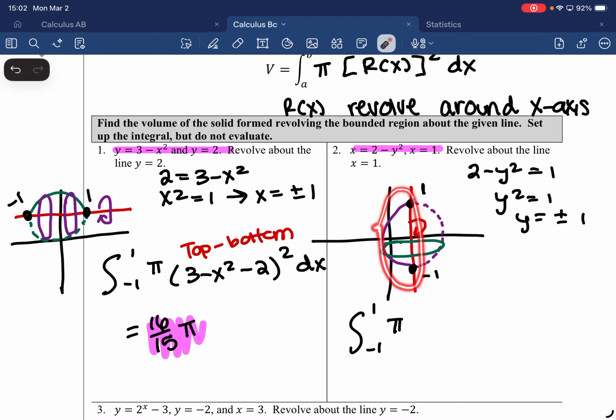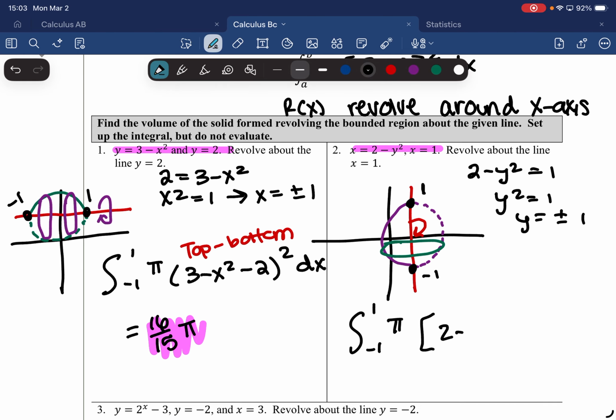Sorry, let me rephrase that. I'm looking at the entire thing. So my right function is the mirror part, so it's the quadratic. My left function is the line.